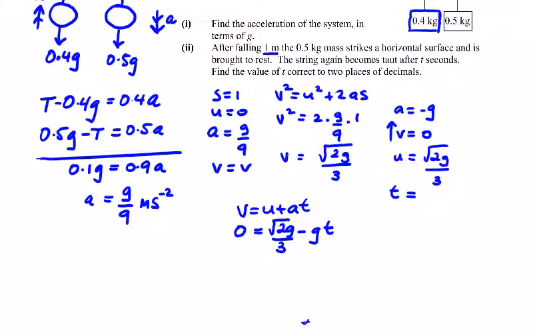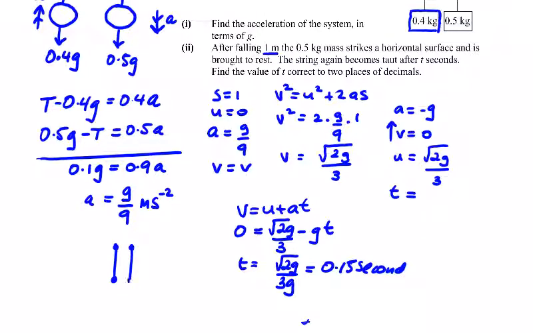So gt will be equal to root 2g over 3. So t is going to be equal to the square root of 2g over 3g, which is, as a decimal, 0.15 seconds.